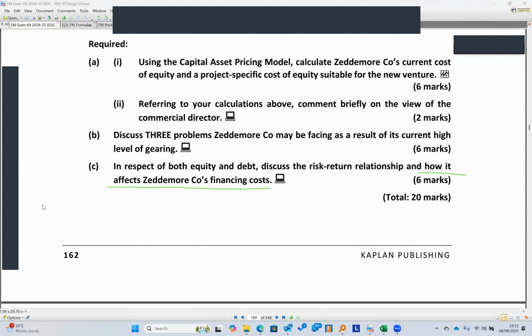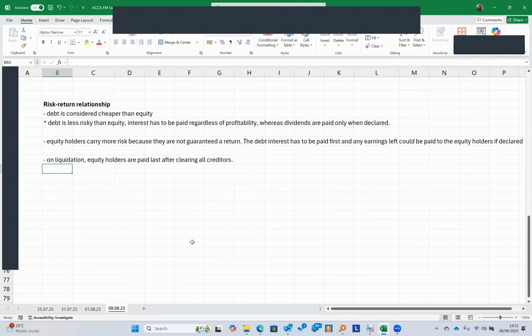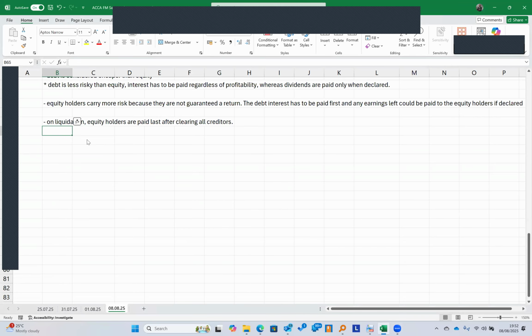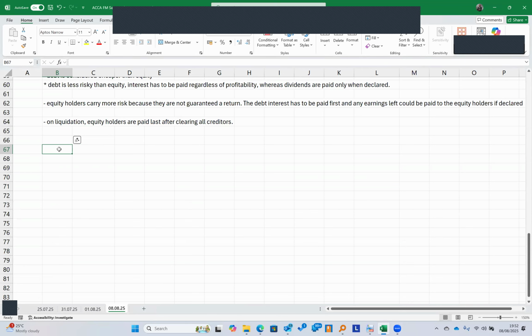Ideally here, all you are going to do is to bring it home by putting Zeddemore in the statements.